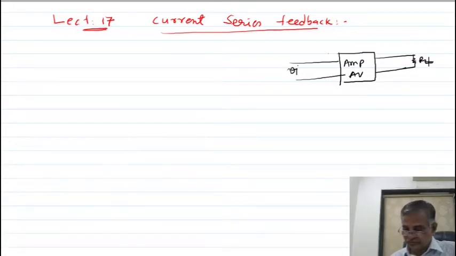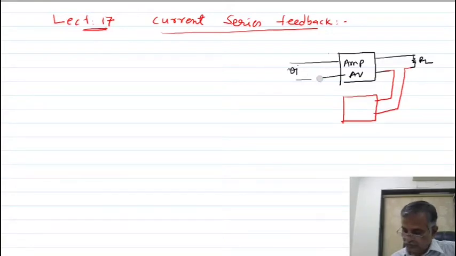Now if some part of the output I take out and give as feedback to the input in this manner, see here, this is a feedback network. I am taking the output and giving it back to the input through some network.